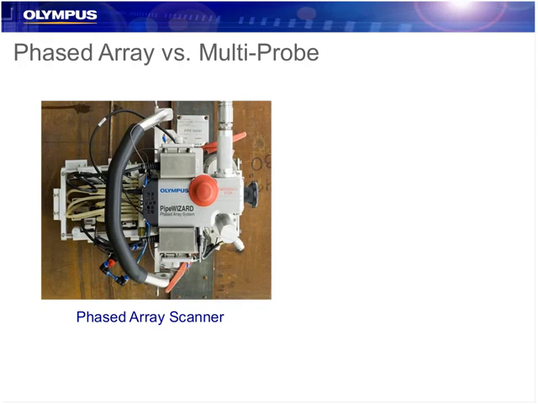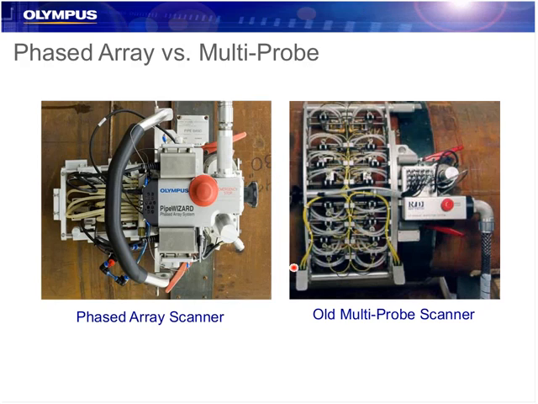So this is the new main phased array electronic that we would use today. In this case, it has phased array and time of flight diffraction on it. And really what this has replaced in the last years is an old multi-probe system. Before phased array was widely available, we used to use old multi-probe scanners.